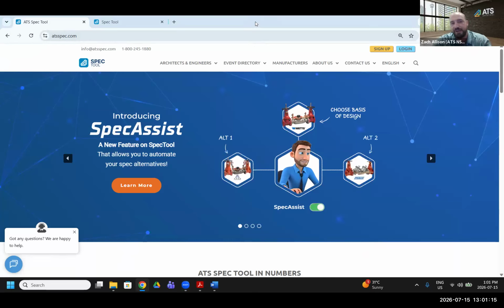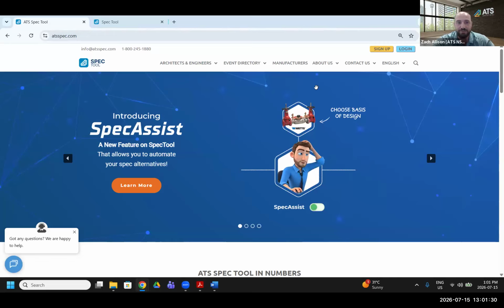I mentioned at the beginning of the program, ATS Spec Tool, atspec.com. Head over to the site. It's free for all those in the engineer design community. The main goal is to help you find the right product, make sure that you have the right options and suffixes and your model numbers all up to date and accurate. We've integrated the ability to include any other brands now.